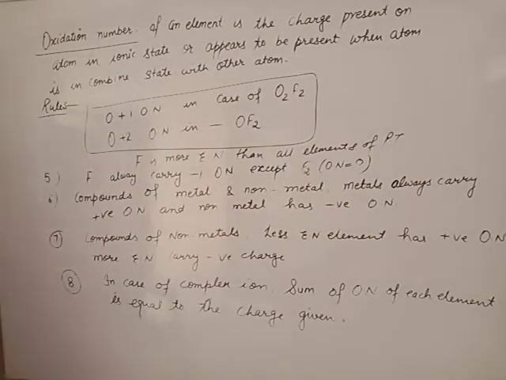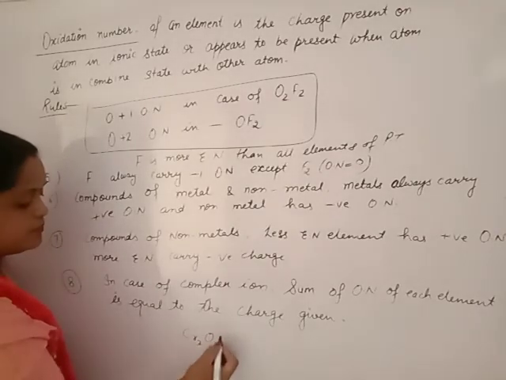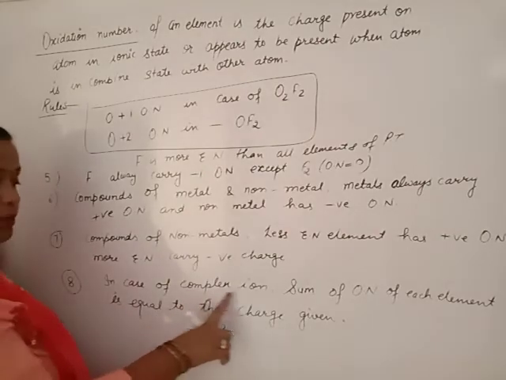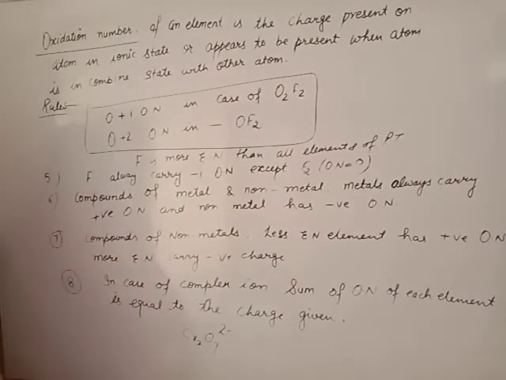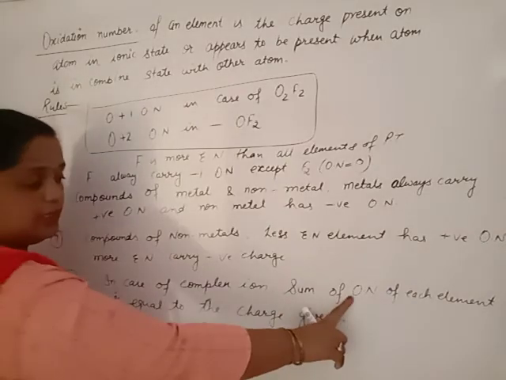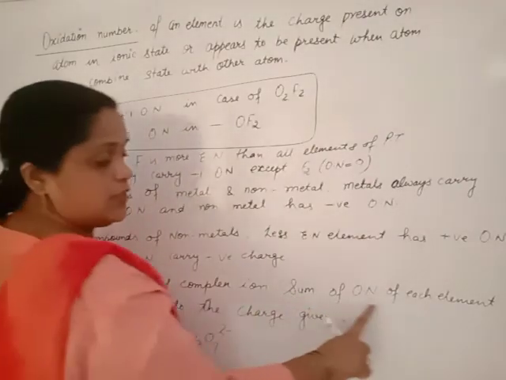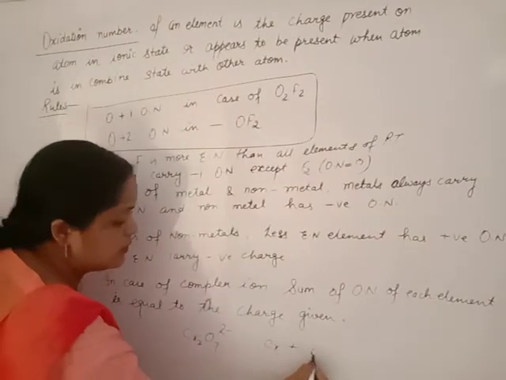Beta, for example, we have a complex ion dichromate ion. Complex ion means the ion carries more than one kind of atom. Sum of the oxidation number of each element, chromium plus oxygen.